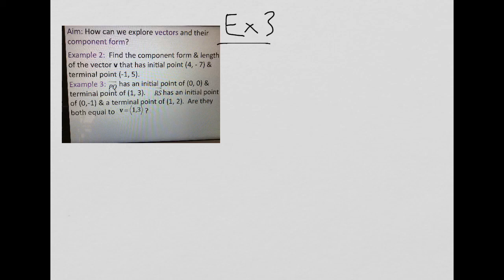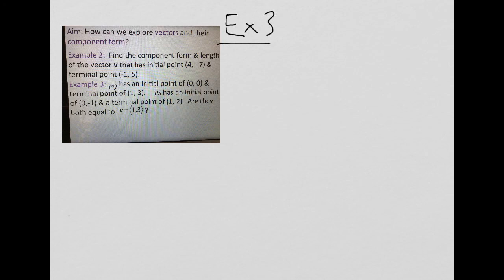Do pause the video to copy down the problem, because I'm writing out the work and the answer. You need to have the problem too. That's uber important, so you can make some practice problems and work on them when you study.